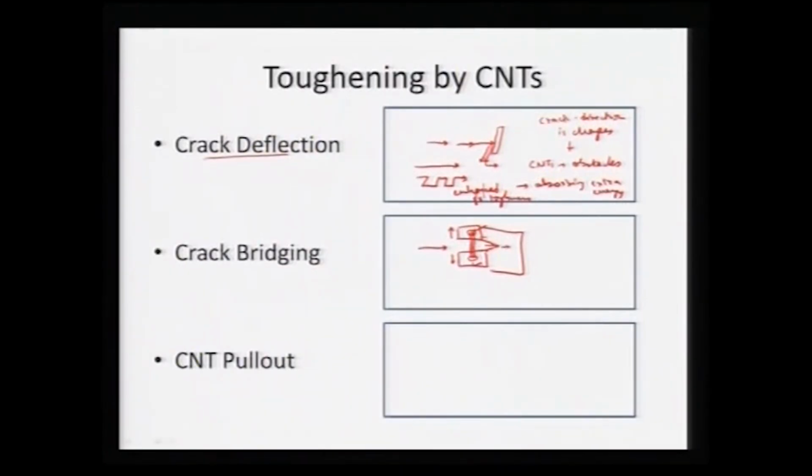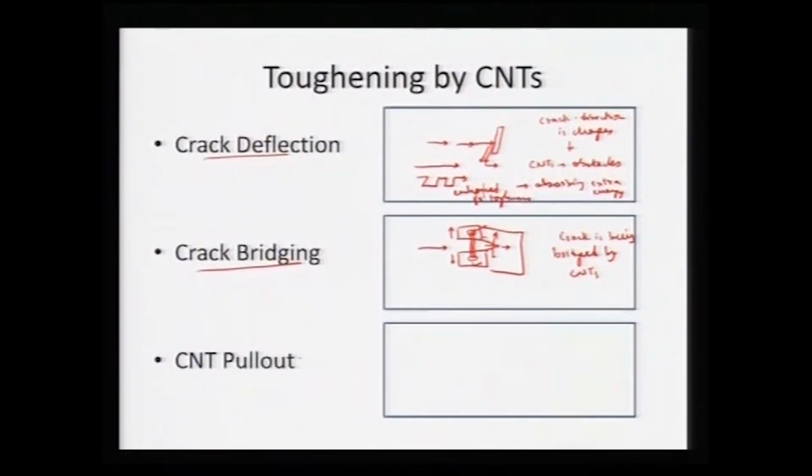So, the crack will find it very hard to propagate further, because it does not have the space; it can't make these two things go apart. This is called crack bridging. So, I have a crack which is being bridged by the carbon nanotubes. That is the second way of toughening, called crack bridging.